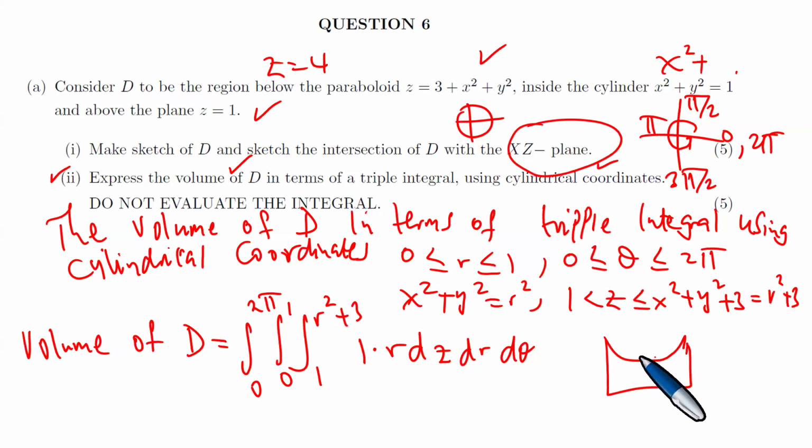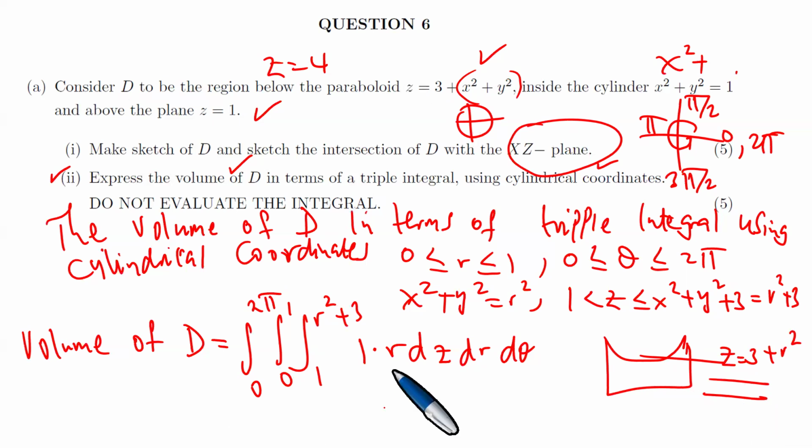Here z equals the paraboloid, x squared plus y squared plus 3, and x squared plus y squared is r squared there. And this we don't need to evaluate.